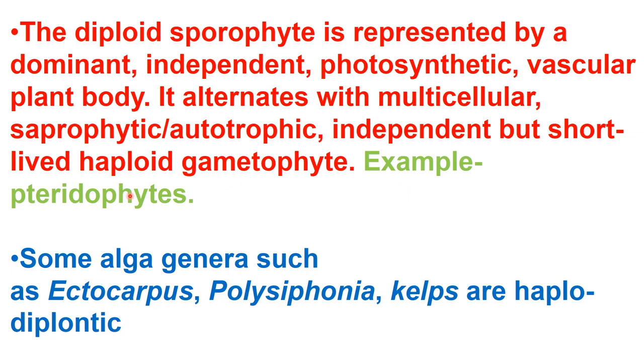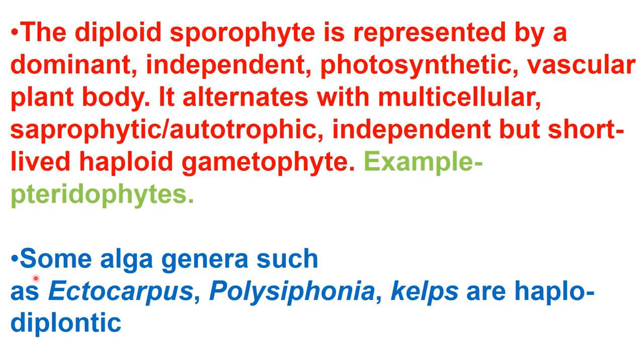This we have also discussed earlier at the time of the life cycle of pteridophytes, that in pteridophytes, opposite to the bryophytes, the sporophytic phase is dominant. So this is also an example of a haplodiplontic life cycle. Both bryophytes and pteridophytes represent the haplodiplontic type of life cycle. The only difference is that in one the haploid phase is dominant and in another the diploid phase is dominant.